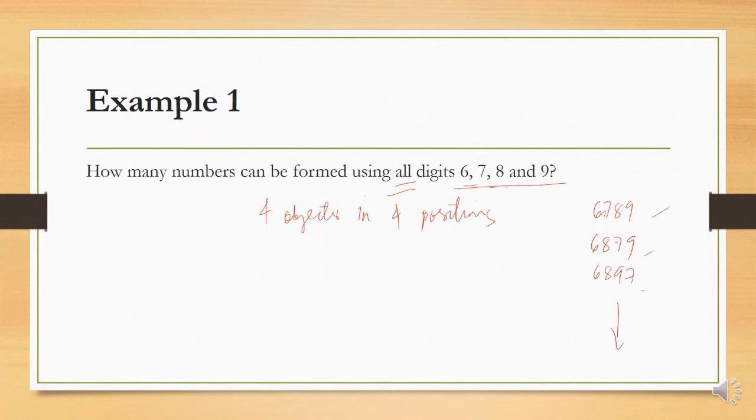So, lahat yon bibilangin mo. Kung listing method yan, medyo mahirap, no? Kasi madami siya. So, without using yung listing method, you can just use yung permutation natin na n factorial. Okay? So, ang gagawin mo, 4 factorial.